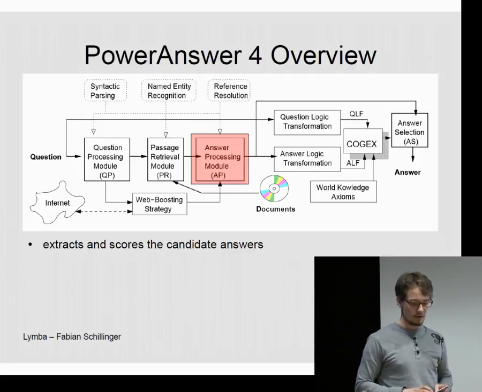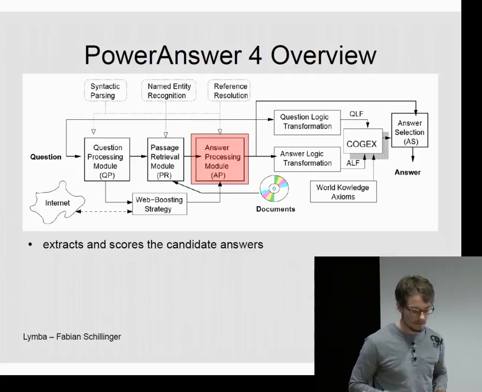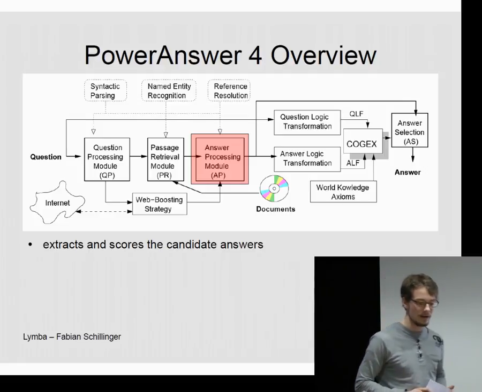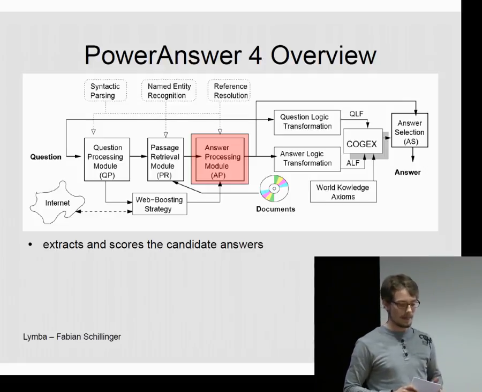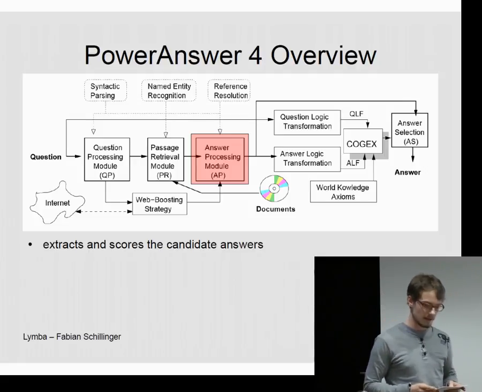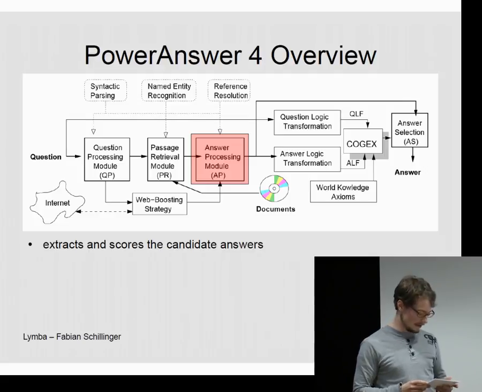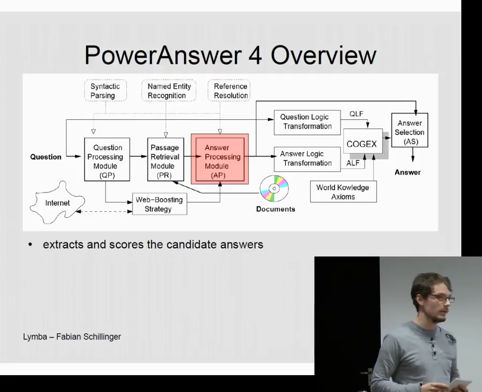These modules are all partly connected to the internet, and all of these modules have access to syntactic and semantic parsers, named entity recognizers, and some natural language processing libraries.